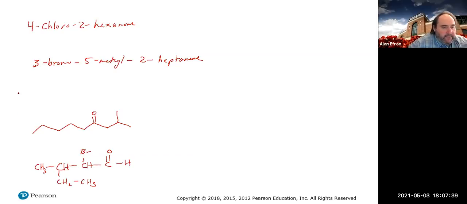So draw structures on the top and name the guys on the bottom.